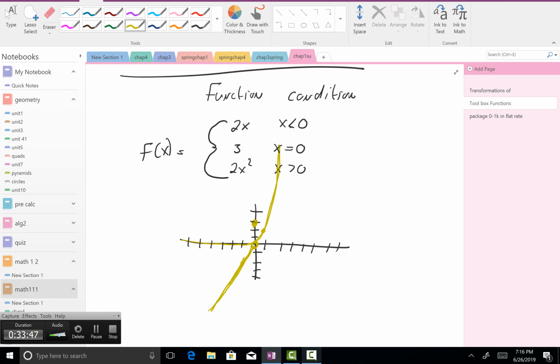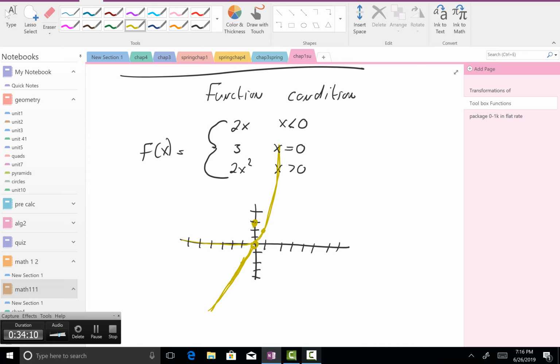Now I'm ready to put in the middle one. I need to put in my condition first: x equals 0 such that, all right, now I put in 3.